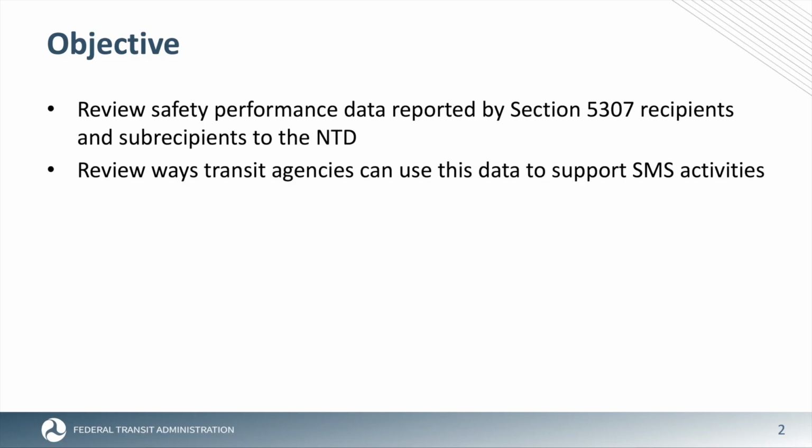So our objectives for today's webinar are, number one, we want to review the safety performance data reported by our Section 5307 recipients and subrecipients to the National Transit Database. And number two, we want to review ways in which transit agencies can access and use this data to support Safety Management System, or SMS, related activities.